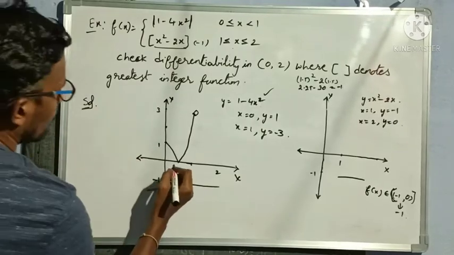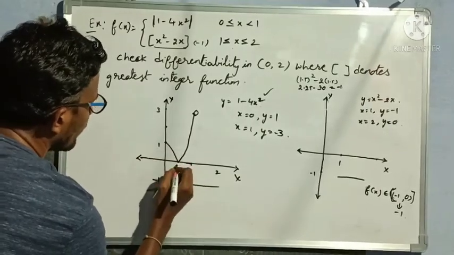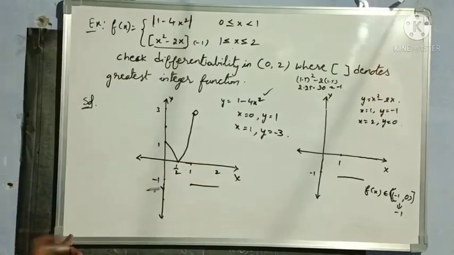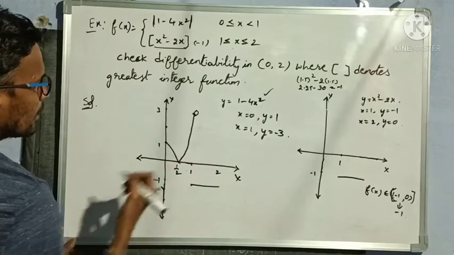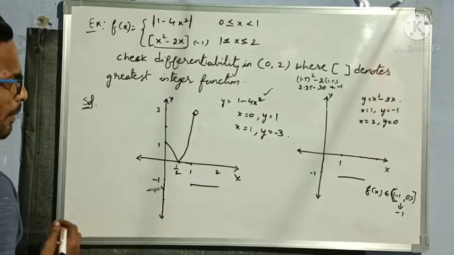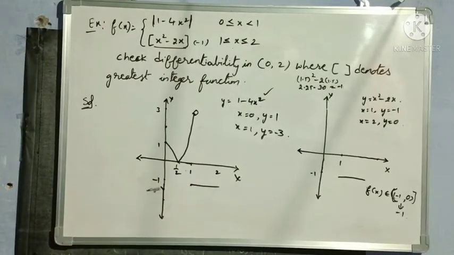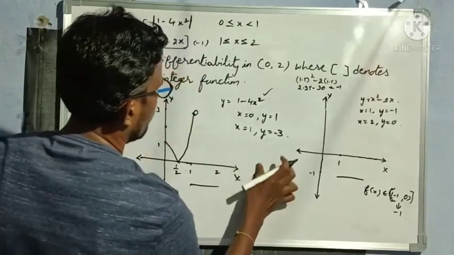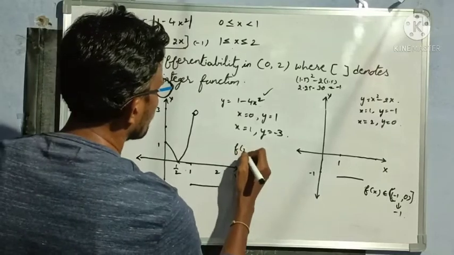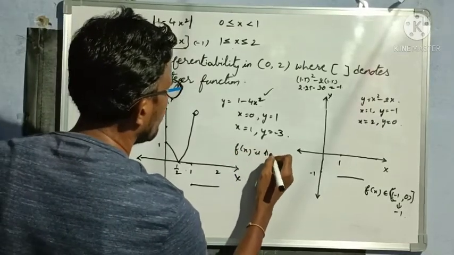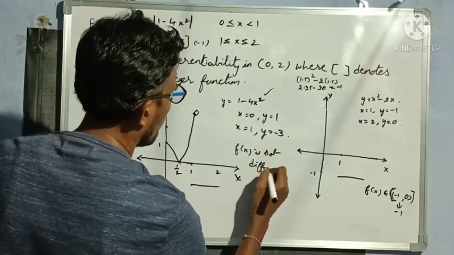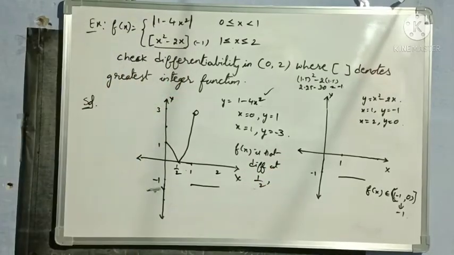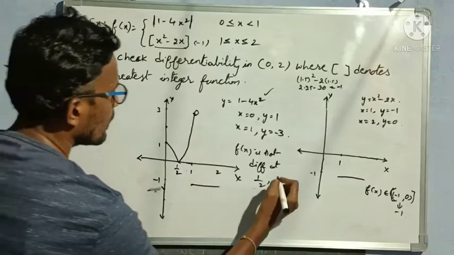Now let us check the differentiability here. In between 0 and 1, at 1 by 2 exactly we are getting a sharp corner, right? So this function is not differentiable at x is equal to 1 by 2. Am I correct? Yes. So f of x is not differentiable at x is equal to 1 by 2, and at 1 we are getting a discontinuity.